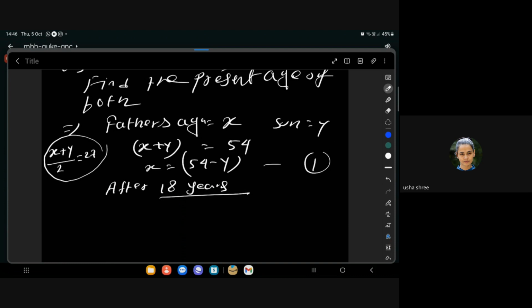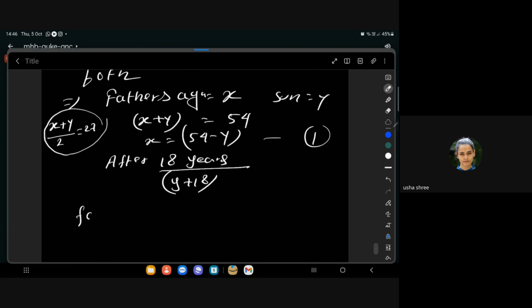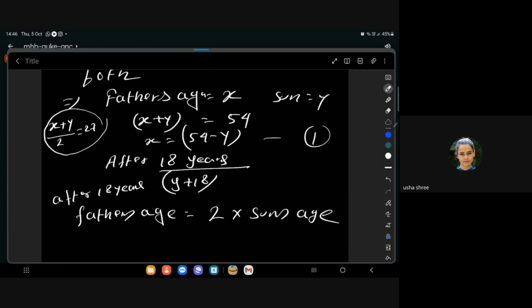So after 18 years, what will be the son's age? y plus 18. They have told you father's age is equal to 2 into son's age after 18 years. This is the condition they have given you.